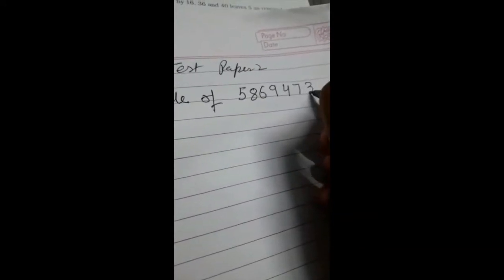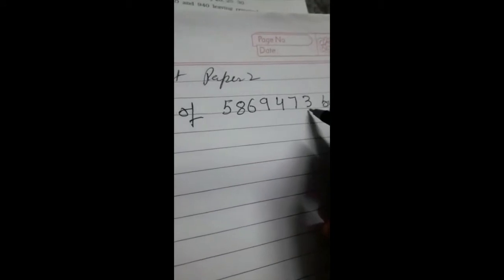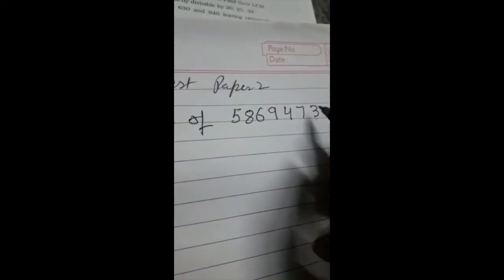Test the divisibility of 5, 8, 6, 9, 4, 7, 3 by 11. First we add the digits at the even places and the odd places.